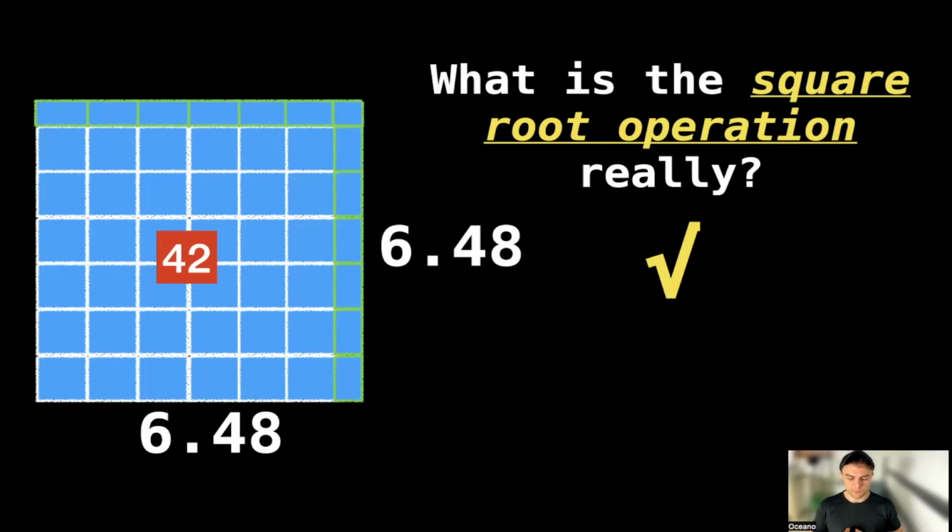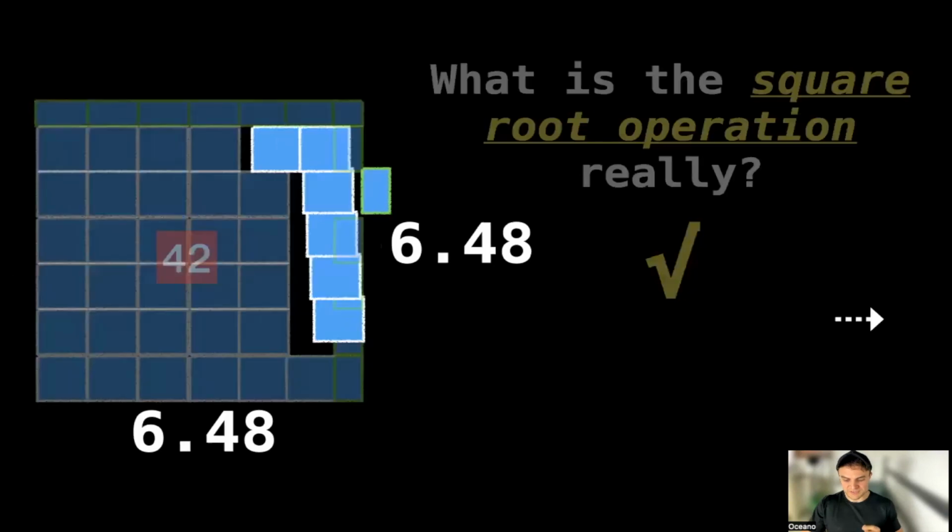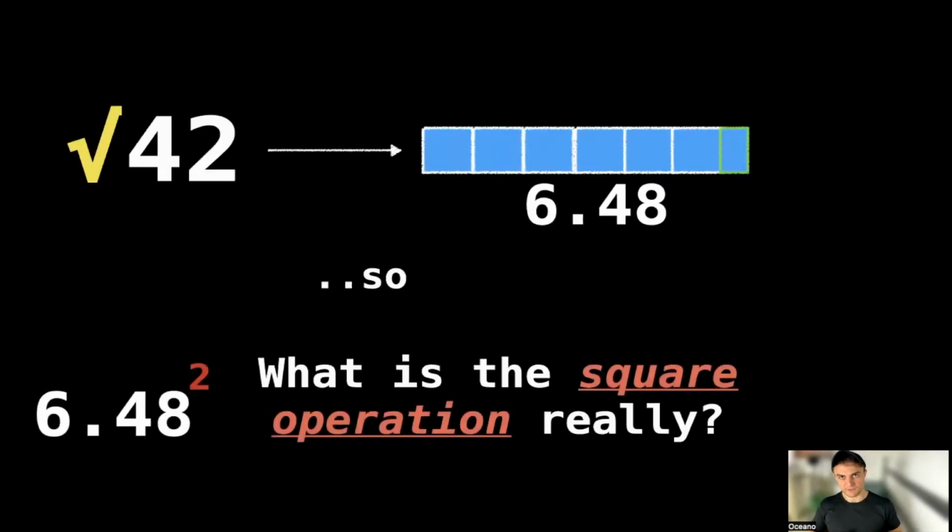Now, when I perform the square root on this value, 42, what is going to happen? Well, look carefully now. I'm just taking the base of the square. I'm taking the root of the square. So every value I can consider as a square, as a 2D element. Indeed, with the square root, I take the base of that square, which is 6.48.